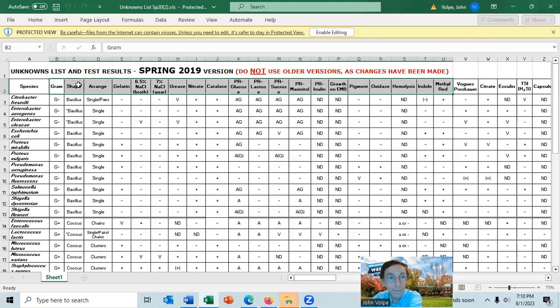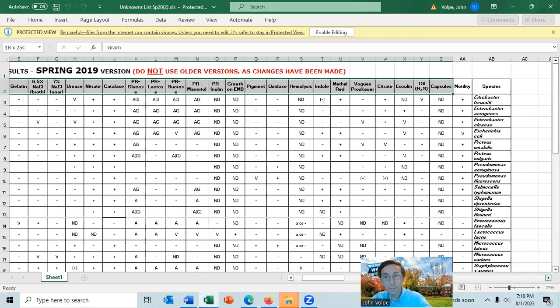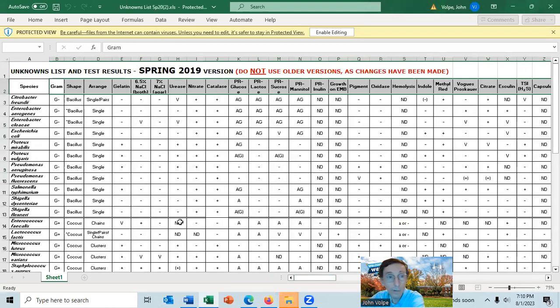The different tests you can run to identify the species. Oh, there's one more. And so I'll give you a number which will represent a species. And then you're going to run different tests to identify the species.